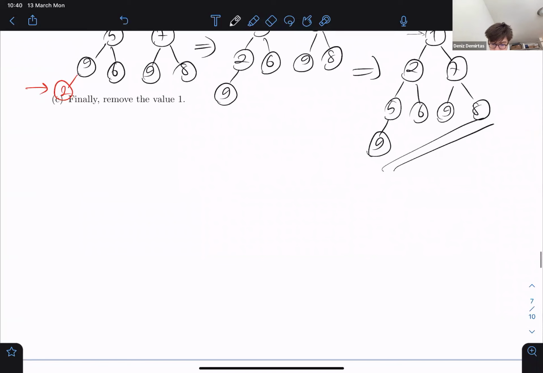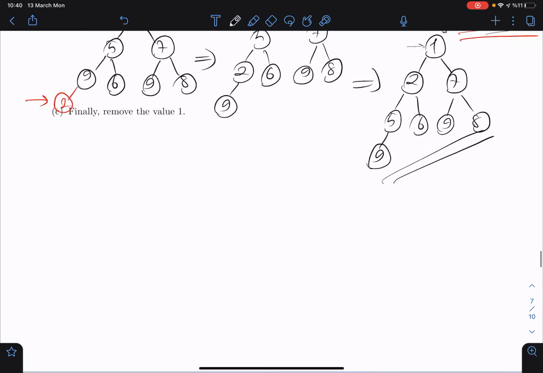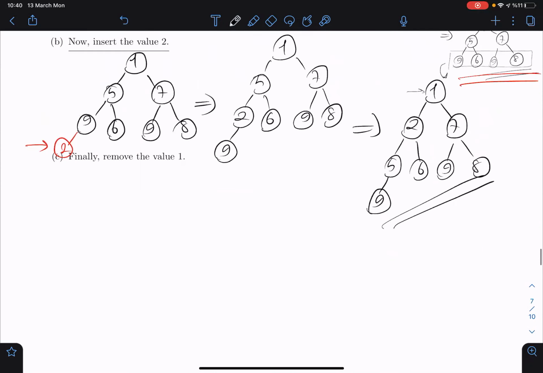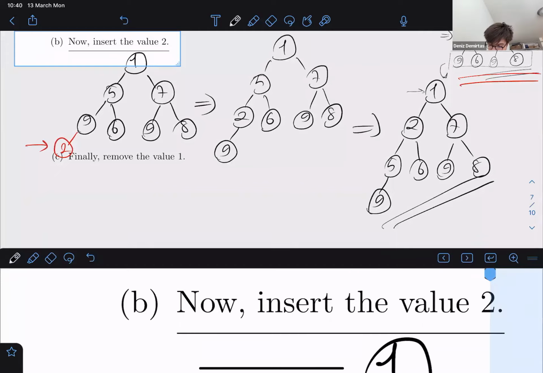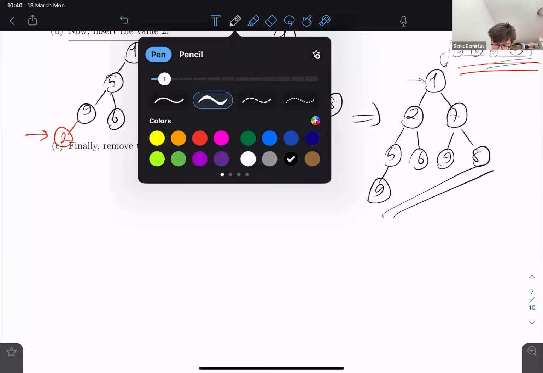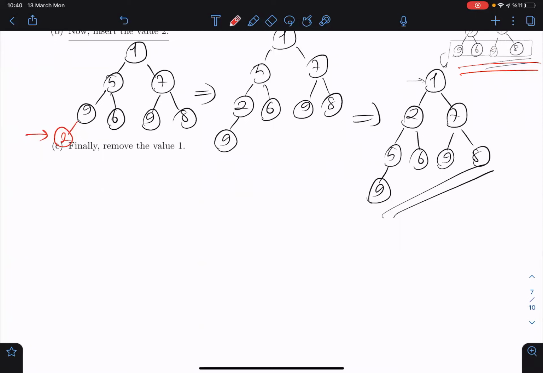And finally, it asks us to remove the value 1 from our solution in part B. And for that, since 1 is the root in this case, what we do when we remove the root from a min heap is that we promote the node in the place of the latest addition, which was the place that we added to, but now it holds 9.